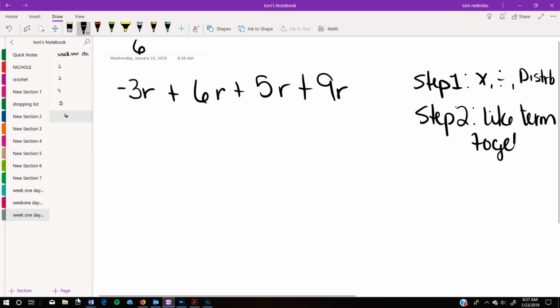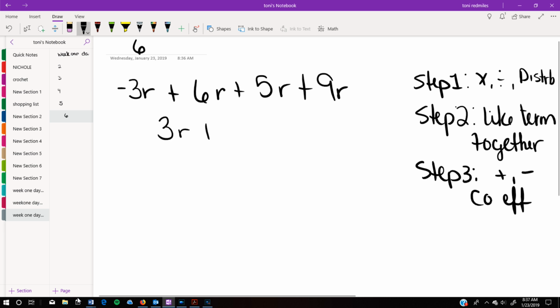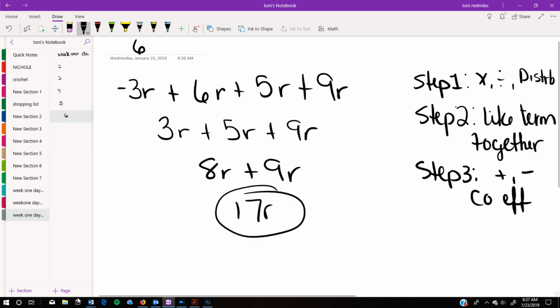So I am down to step 3, which is add, subtract coefficients. So negative 3 plus 6 is 3. 3 plus 5 is 8. 8 plus 9 is 17R.